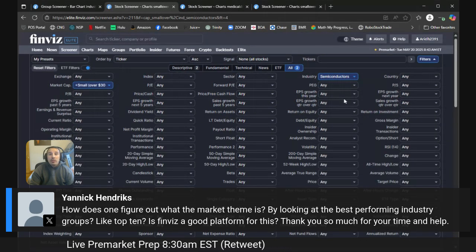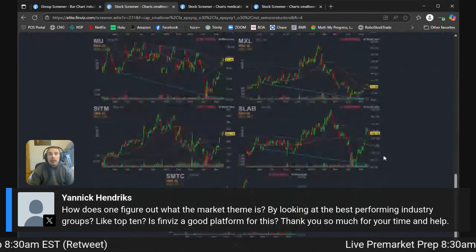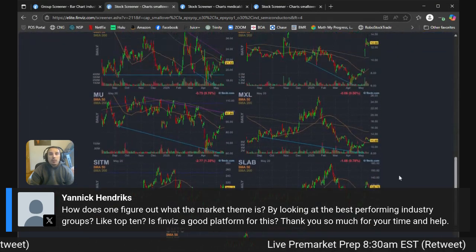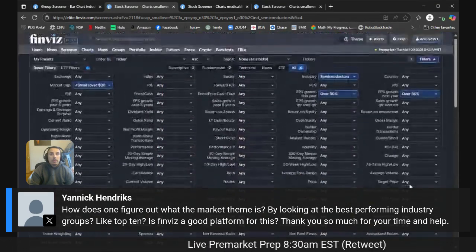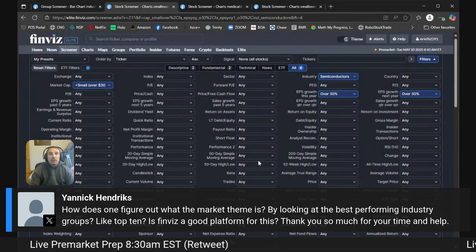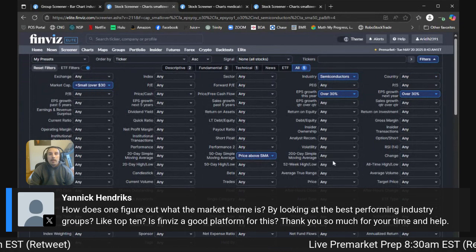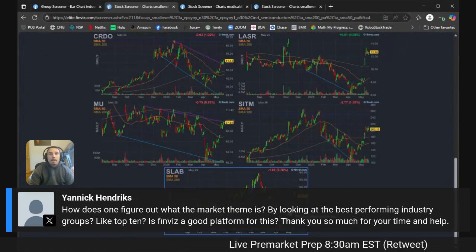We want 30% quarter over quarter growth, 30%, and that's going to get it down to one page. It has to be over the 200, has to be over the 50, price above, and there you go.